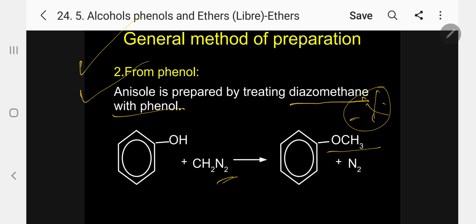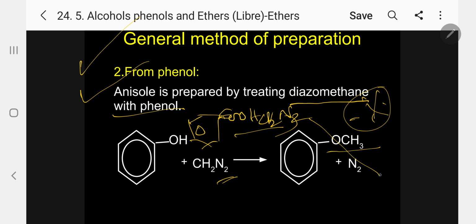So, what is the importance of diazomethane? It will not only convert the alcoholic group to a methoxy group, even an acid group it will. For example, if you take benzoic acid and treat it with diazomethane, what will happen now? Kindly follow.